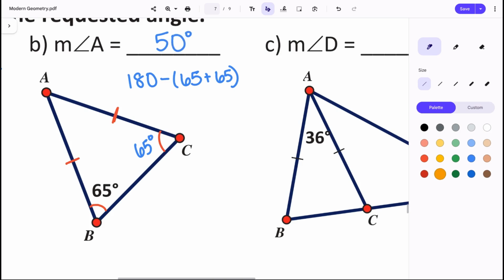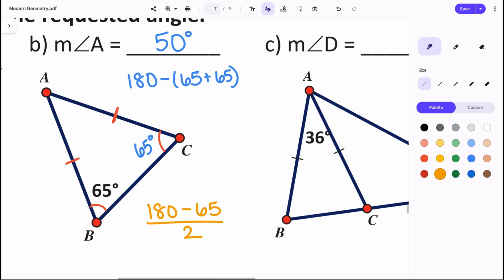Okay, really quick before we move on from this one, here's what I've seen some students do. Is that wrong? Yeah? And that's not going to get you 50. What are they doing wrong here? Logan? One of the base angles.